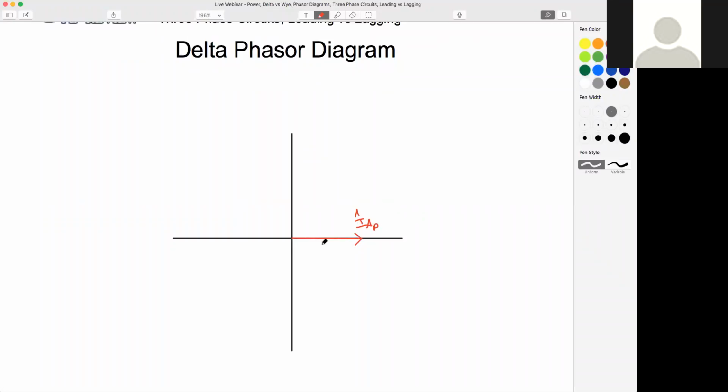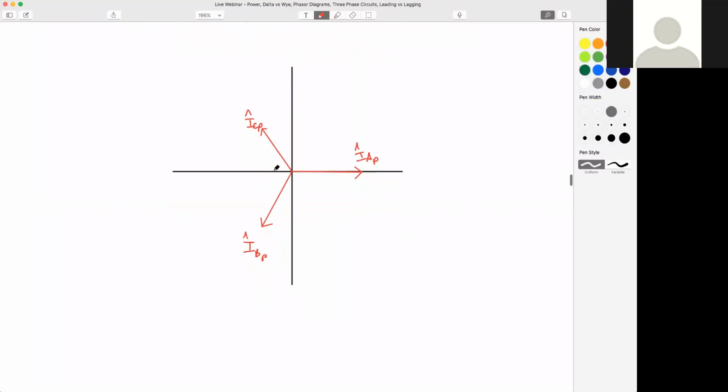So I'm just going to say A phase. And then I'm going to have my B phase current right here, IB phase. And this one right here is going to be my IC phase. Everyone good with this? Make sure it's legible.